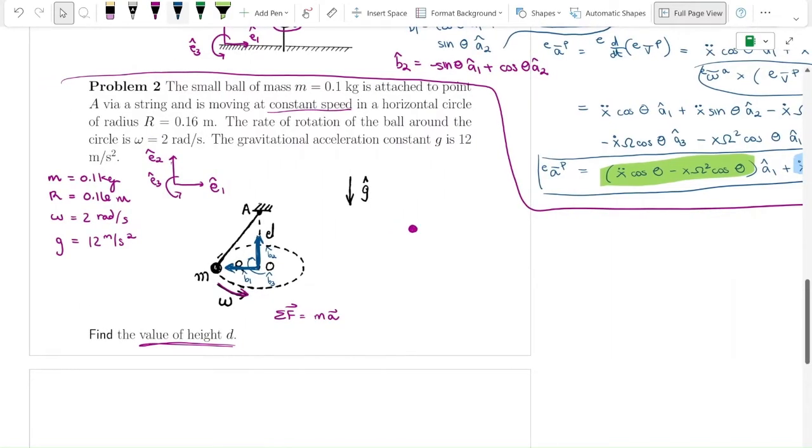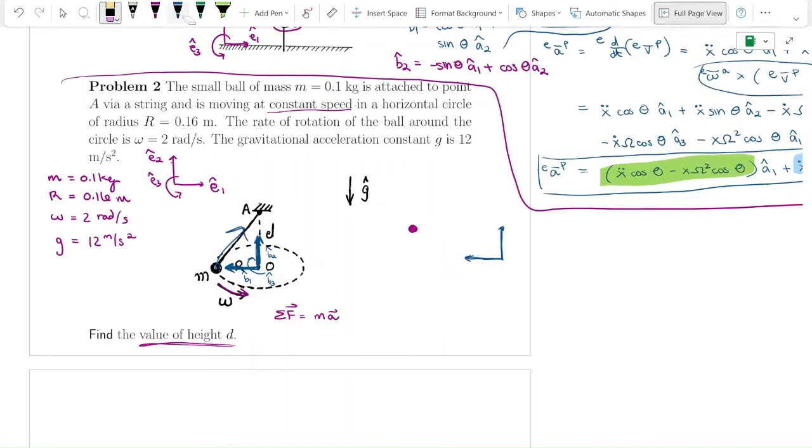So first of all, the free body diagram will be in terms of this B frame. So I have it this way. And why do I want to draw it in terms of the B frame? Well, if I did it in terms of the E frame, notice that if my ball is here, the forces on this ball are the force of the string and gravity. Gravity always points down, that's fine, but the tension is going to point in different directions wherever I am in the ball's trajectory.